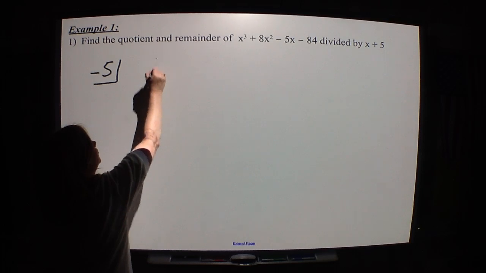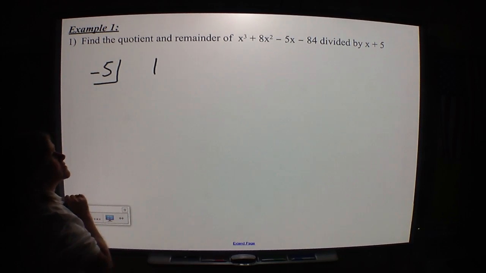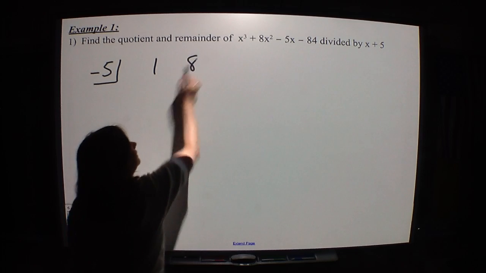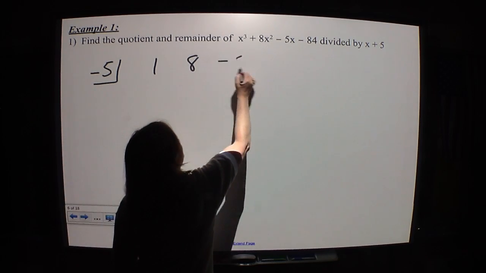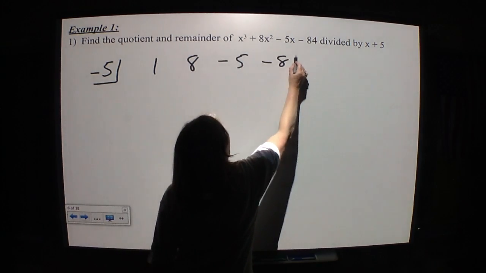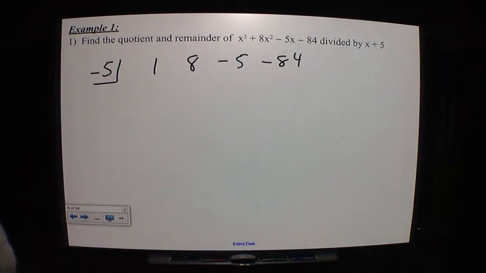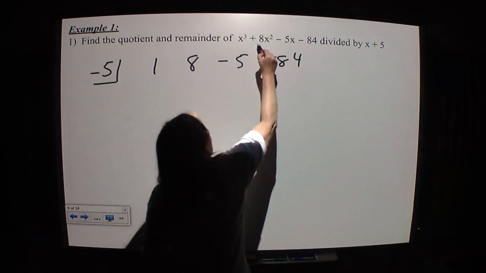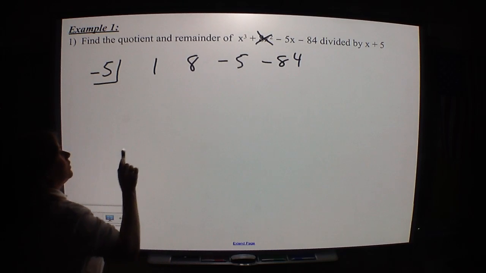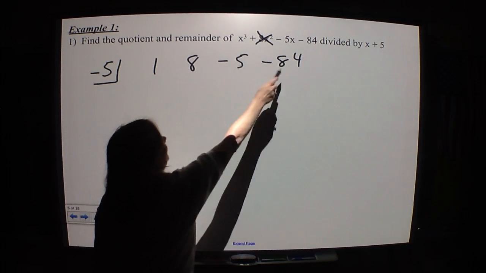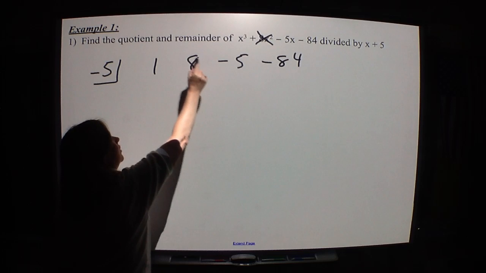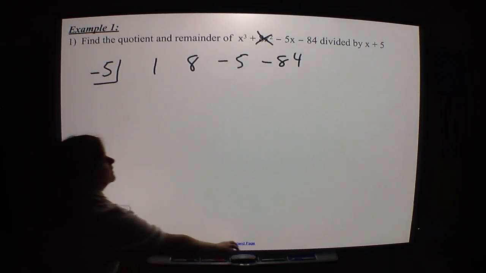I have x cubed, it's a 1x cubed, the squared, 8, the x term, the constant. If I changed this, and let's say I did not have that term there, you wouldn't just write 1, 8, negative 84. This would have to be a 0. You have to have fillers in if something's missing.